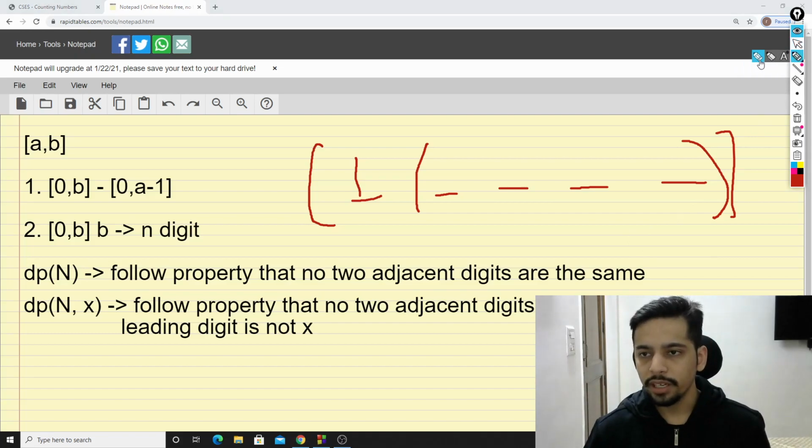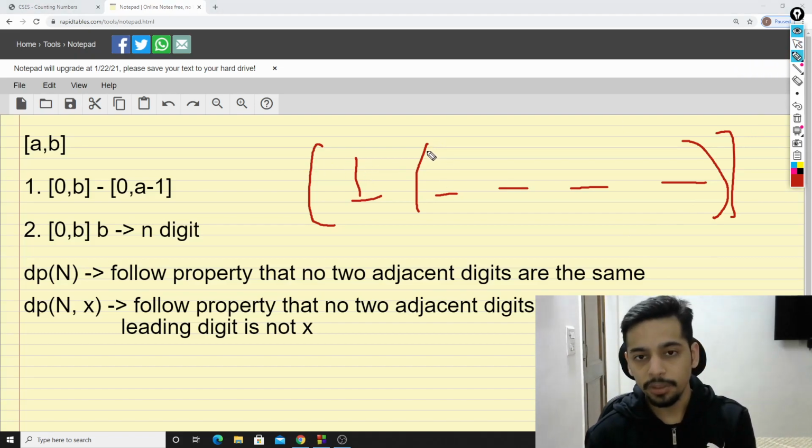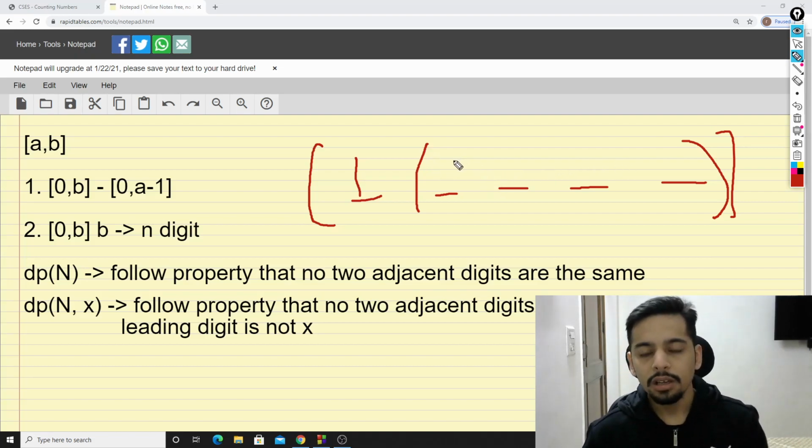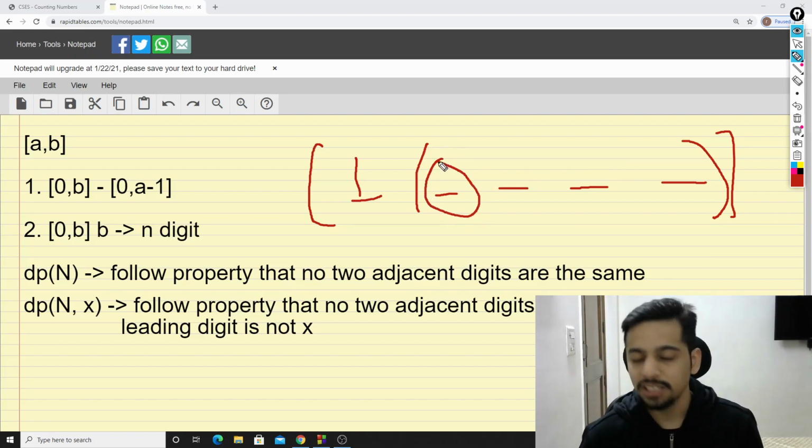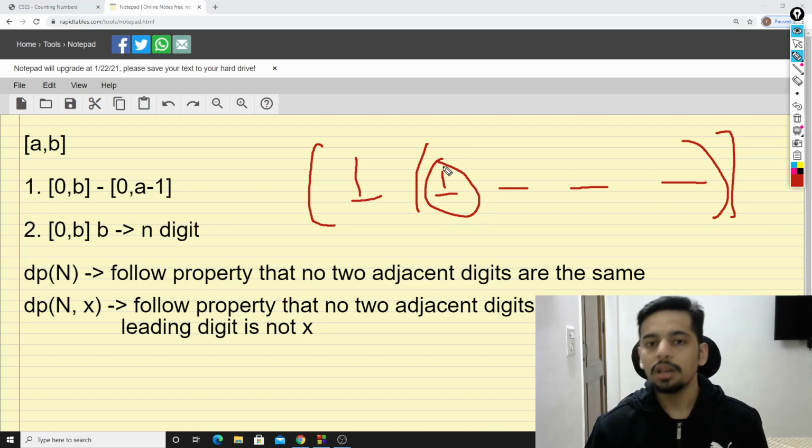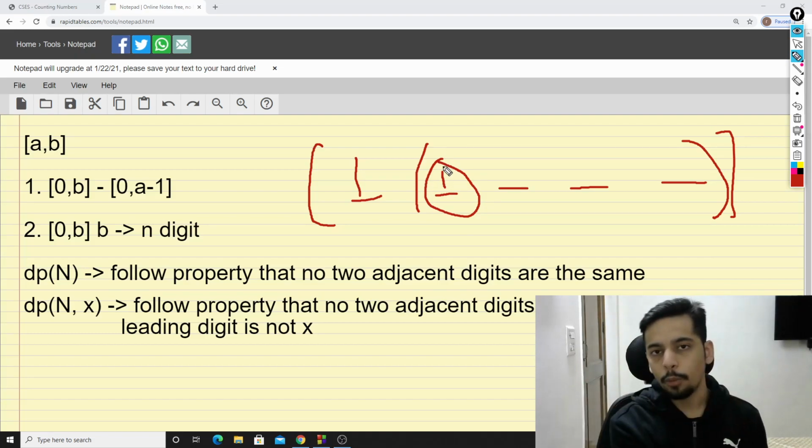Because if you put in a 1 here at this position, now you try to find out how many n minus 1 digit numbers are there that follow the given property. You need to make sure that this digit is never a 1, because if this is a 1, then you have already violated the property.